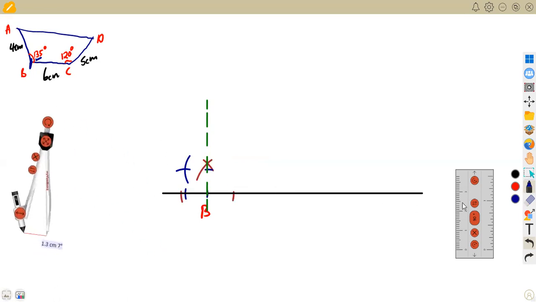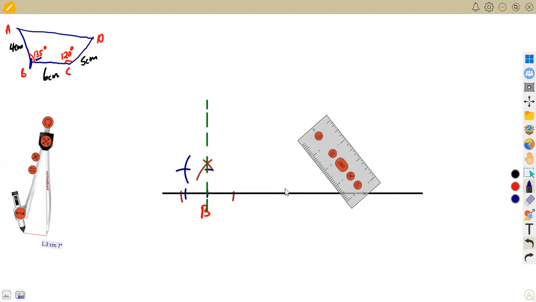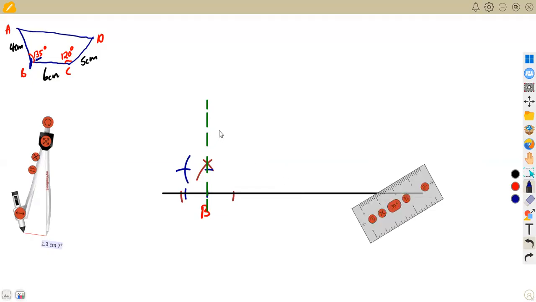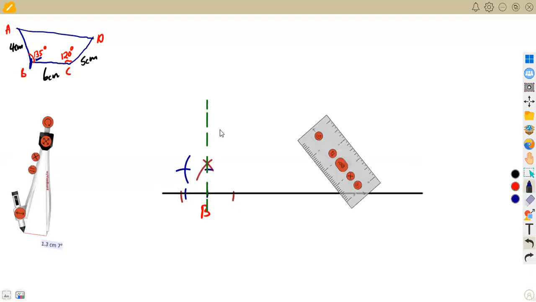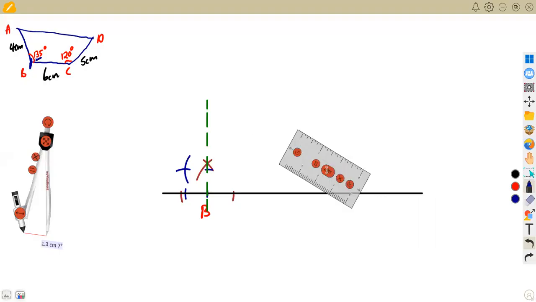Where these 2 arcs meet, that's where we are going to join in order for us to have the angle of 135 degrees, which is simply taken from the angle of 45 degrees. Like I was saying, to say these angles, what you simply need is to consider where they are taken from.